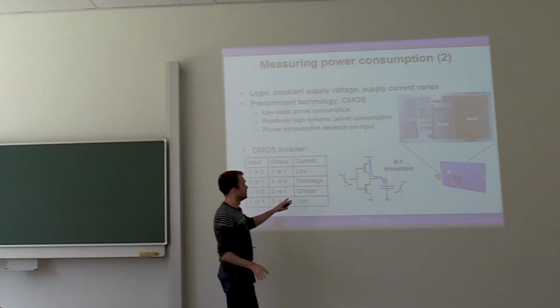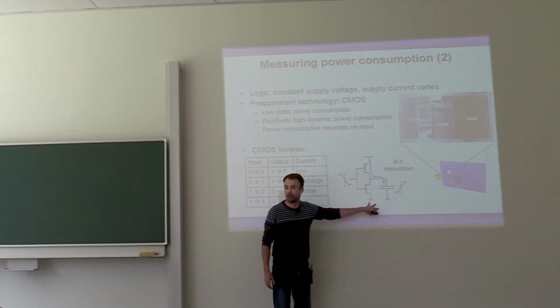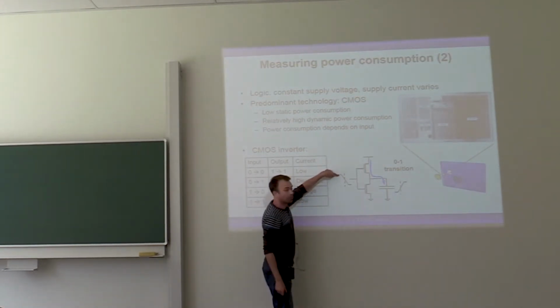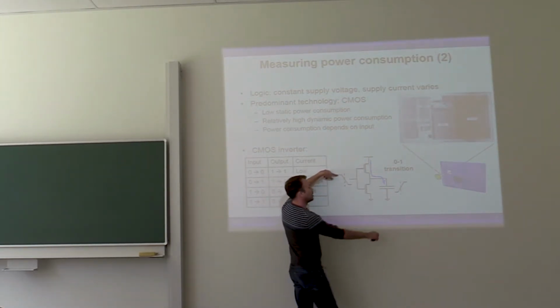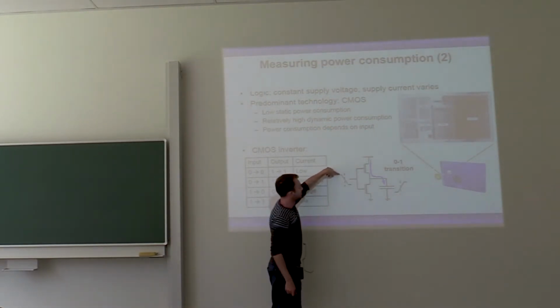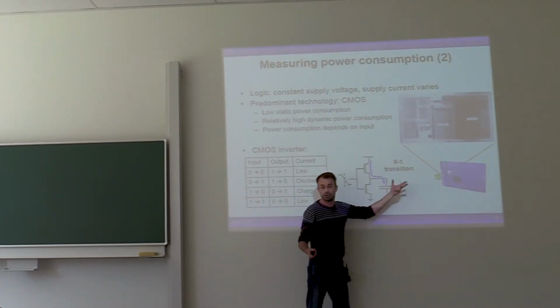Don't be scared. This is the simplest logic circuit that we can build. It's an inverter. Output is not equal input. The simplest thing we have. For example, if our input is at a high level, our output is going to be at a low level. And as our input goes to a low level, the output goes to a high level. It's an inverter. That's what it does.